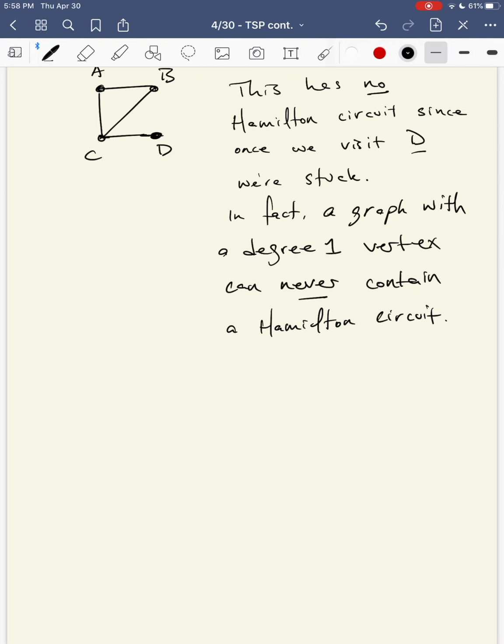Now I want to give you a slightly different graph. I'll do it like this. It's a bit ugly.